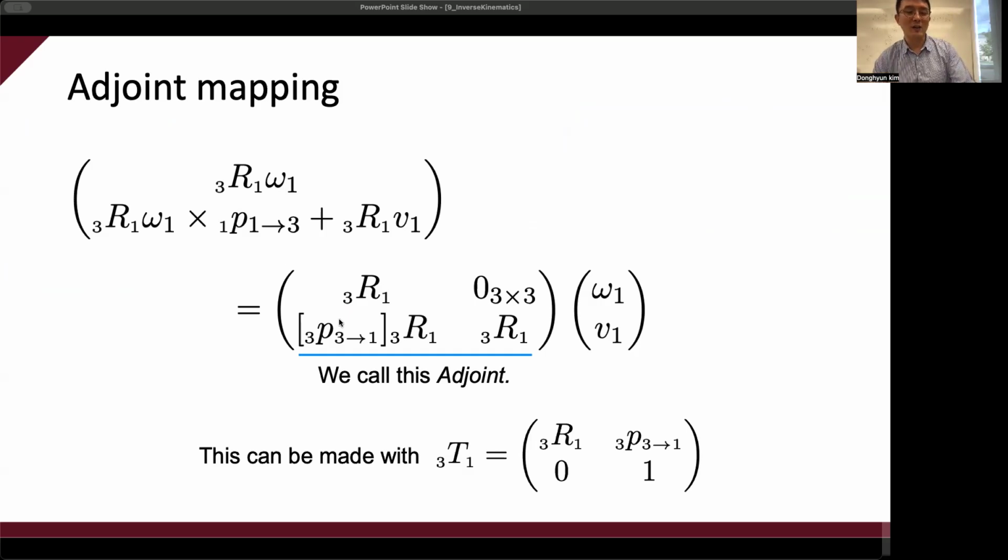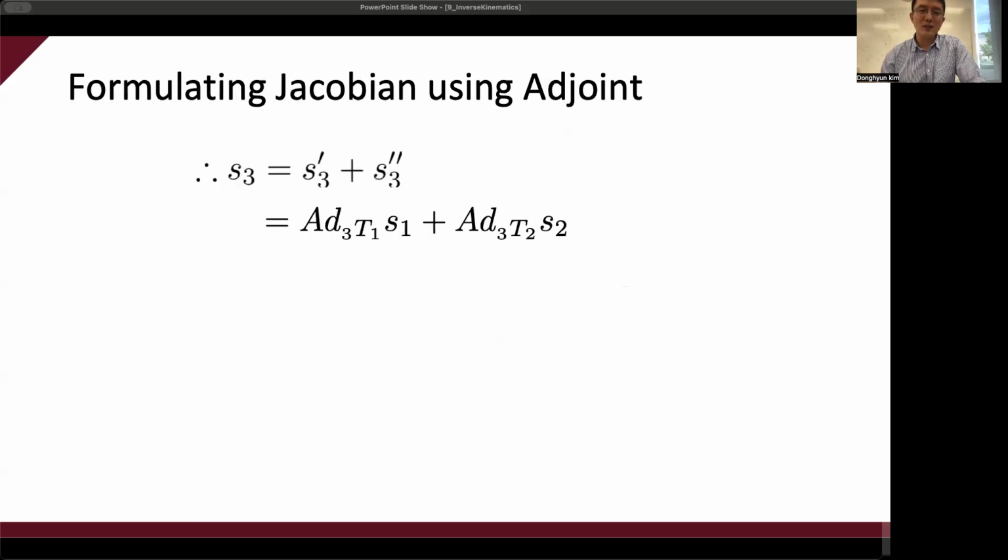That's why we spend this much effort to switch the P. Previously it was 1 to 3, right? We changed the 1 to 3 to 3 to 1, and then also flipped the frame representation, because we don't want to do anything except just plug these numbers into this adjoint map. So far, so good.